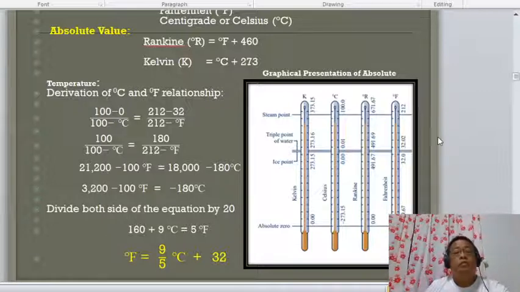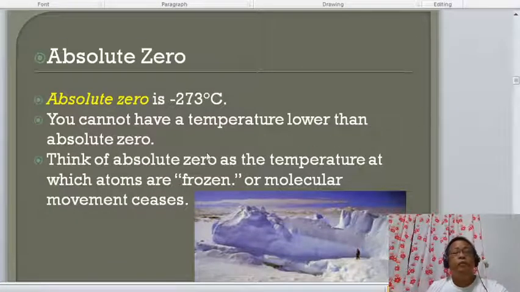So, we have also here the term absolute zero. Okay, what is an absolute zero? Absolute zero is at negative 273 degrees Celsius. Take note.